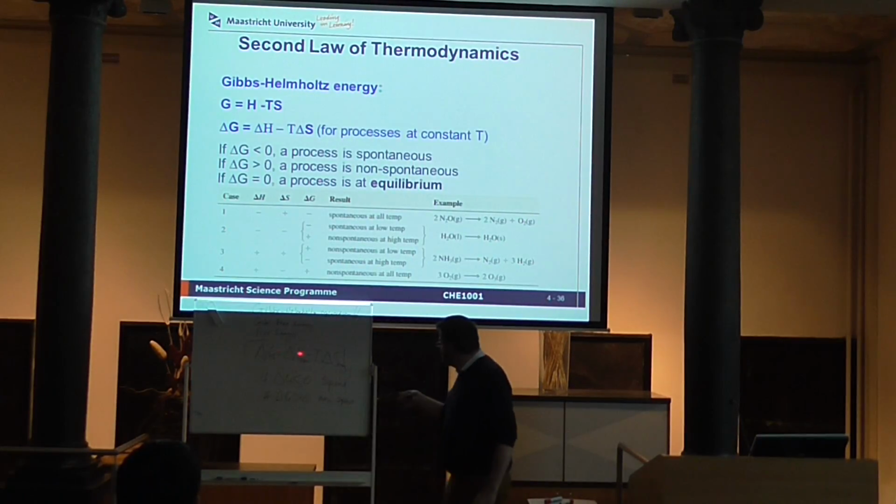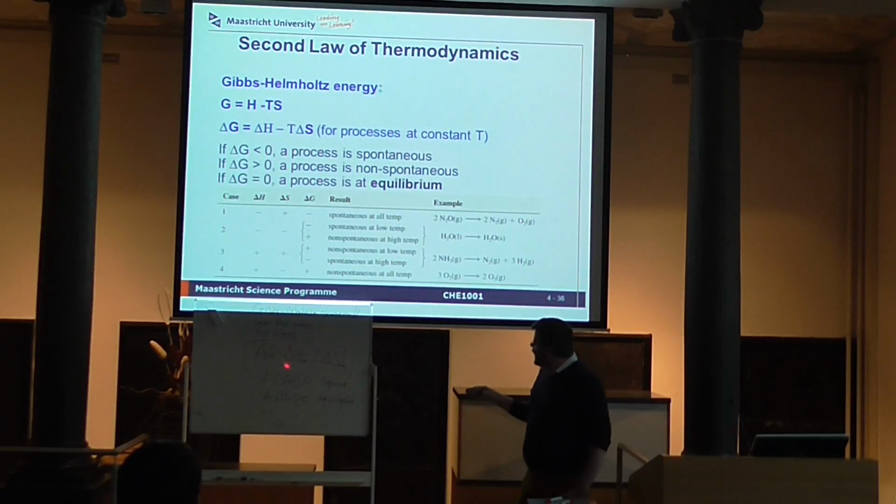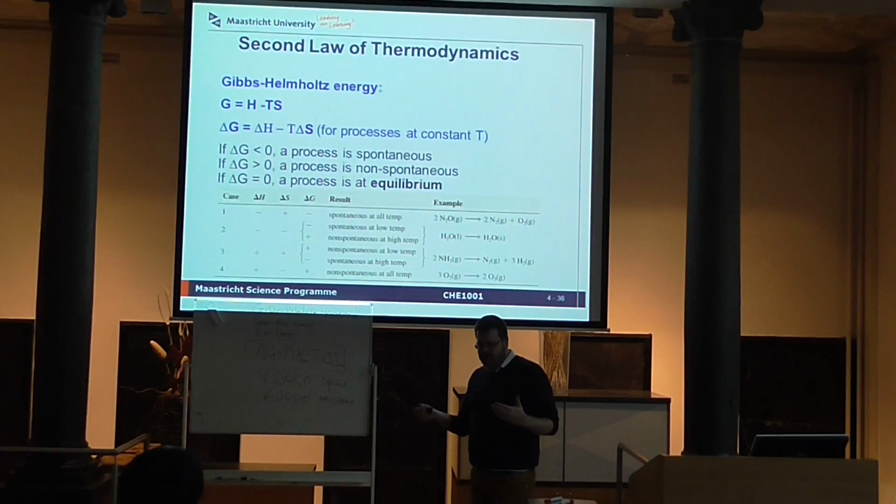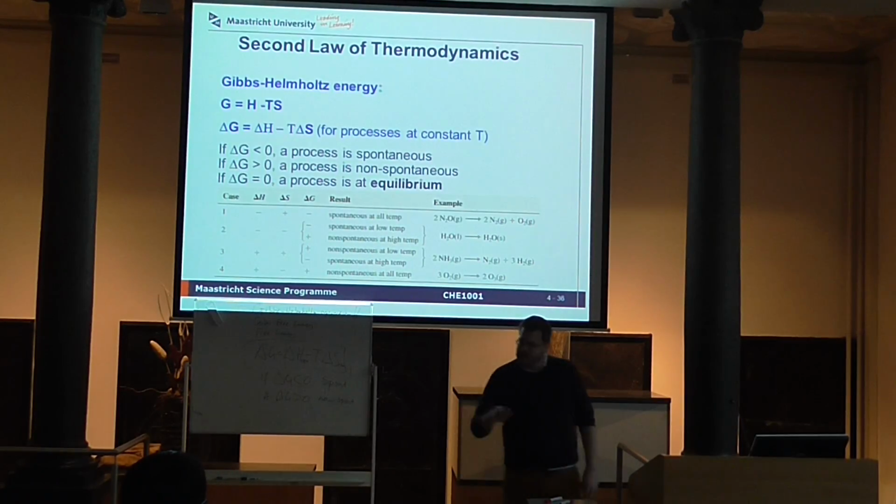Because no matter what you do to T, delta H is positive, delta S is negative. So this term here is always going to be positive, and a positive and a positive is a positive, irrespective of T. So we can use this equation, and it's used very often to calculate at which temperature a reaction would proceed spontaneously. And now we're going to do an example.